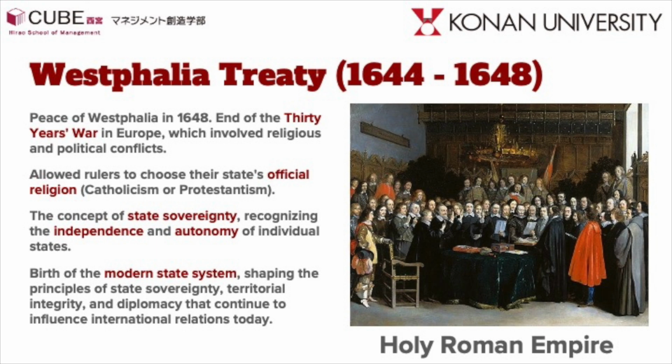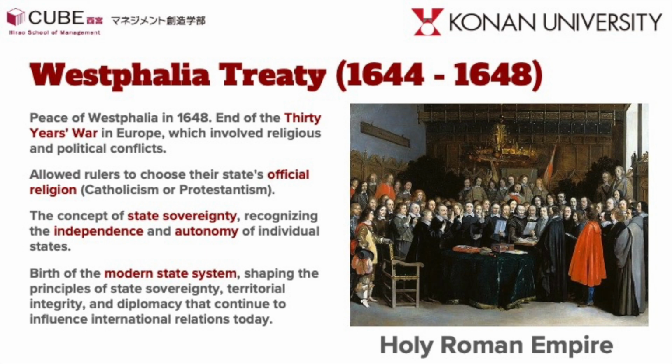These negotiations happened at the end of the 30 Years' War, and the Peace of Westphalia was eventually signed in 1648 by the Holy Roman Empire, or it covered the area of the Holy Roman Empire. So it allowed rulers to choose the state's official religion. It also organized some states and brought some states into existence, but also broke up or ate into other areas.